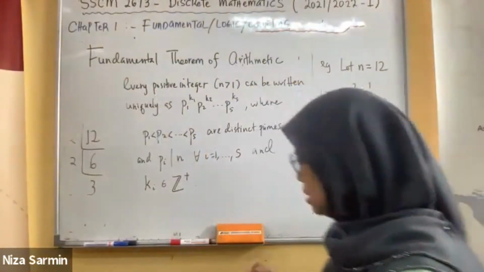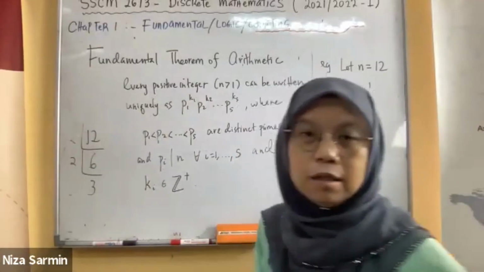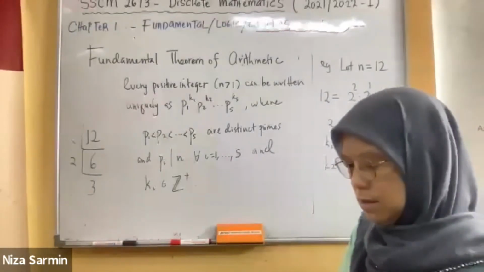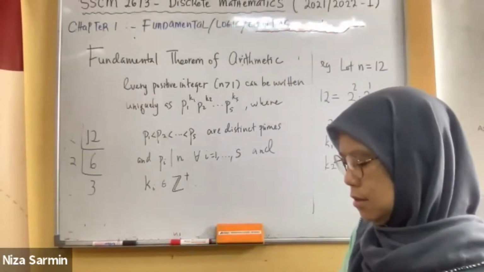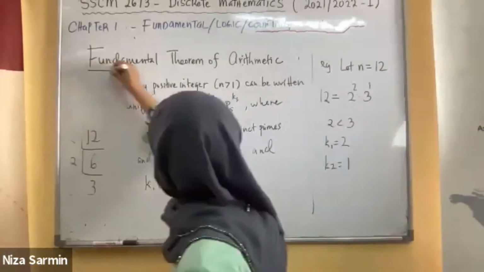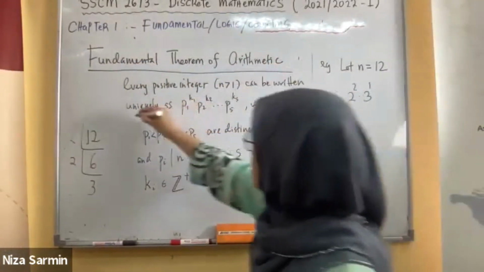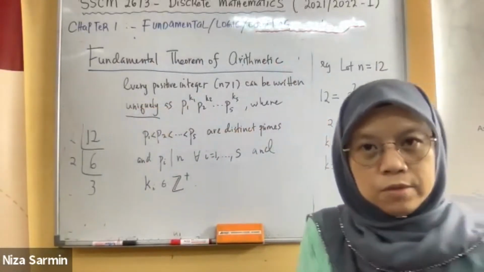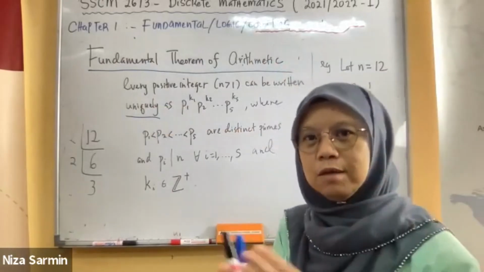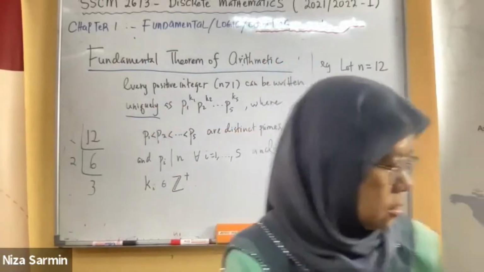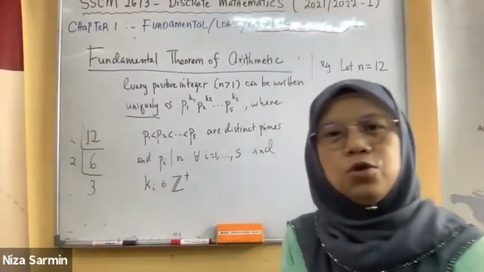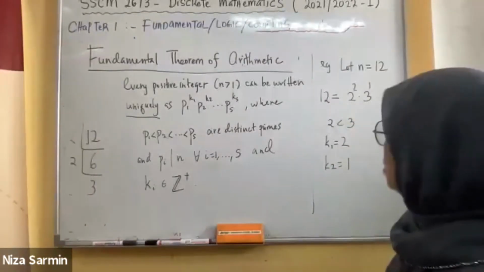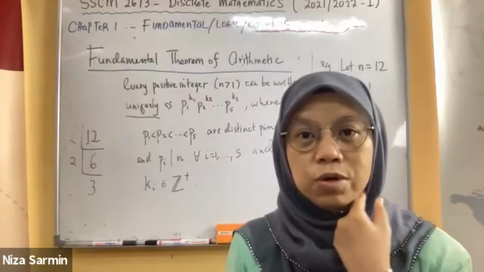And this fundamental theorem of arithmetic tells us that you can write this uniquely, when you put them from lowest to biggest. You don't have any other choice. So this is 2 times 2 times 3. That's the only way to write 12.